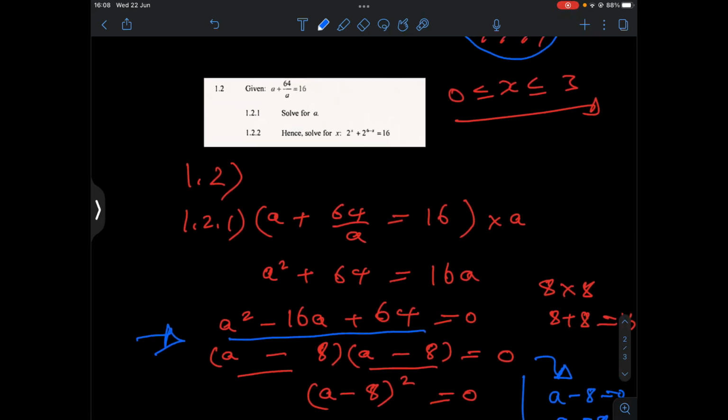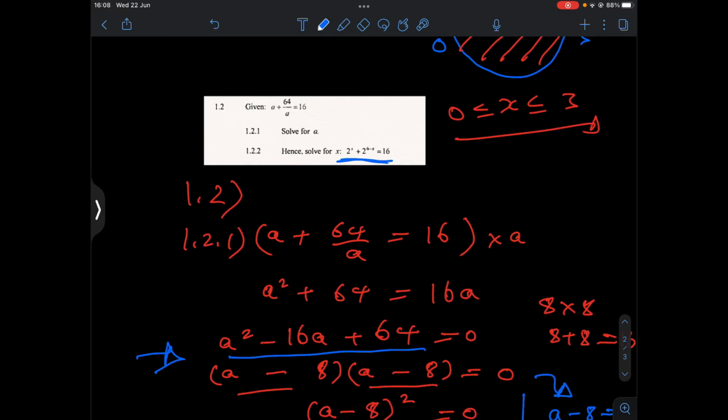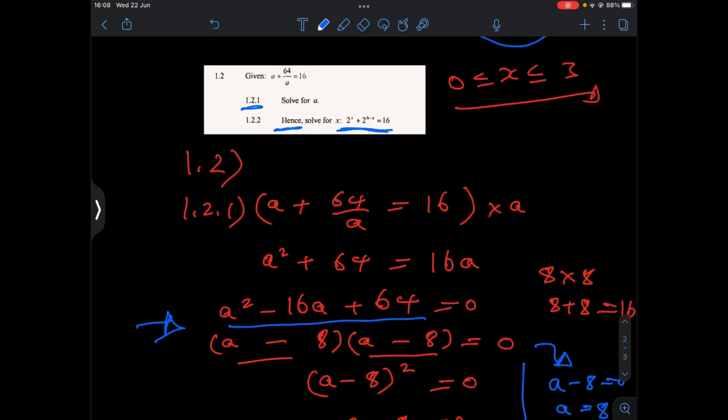Thank you. So the next question, 1.2.2, hence solve for this one here. Usually when they say hence, you have to use the answer from the previous question, which is 1.2.1. And sometimes there are other ways to solve these questions without using the previous question.